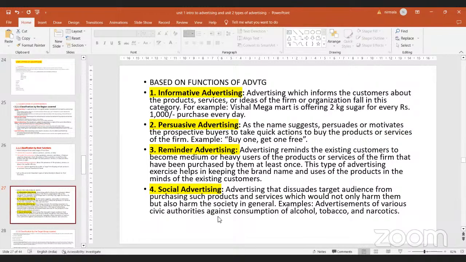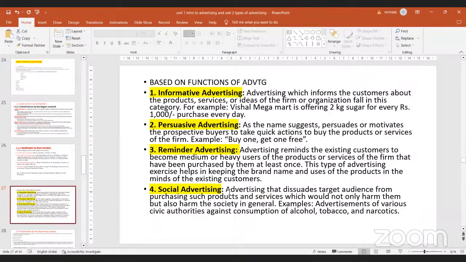Okay. When it comes to social advertising, like we have just discussed, to avoid certain kinds of behavior we may also advertise. These are advertisements which tell the consumers of tobacco or alcohol, or those who are users of drugs, to avoid that behavior, to avoid those kinds of products which are harmful for their health.